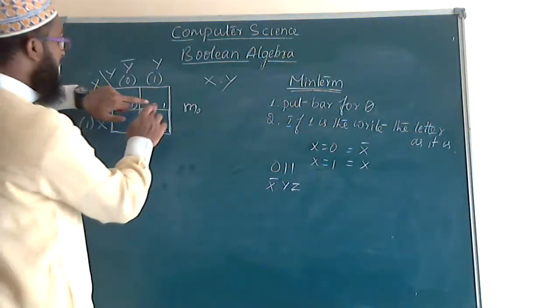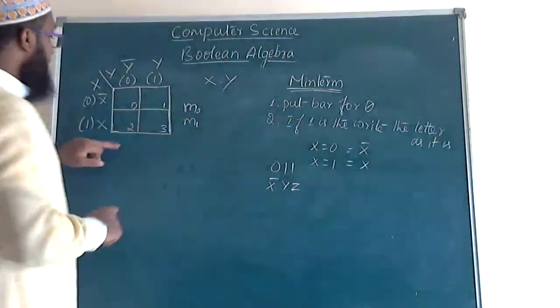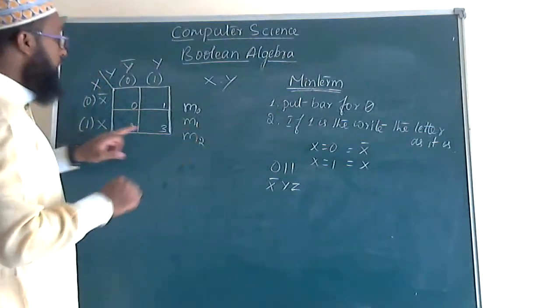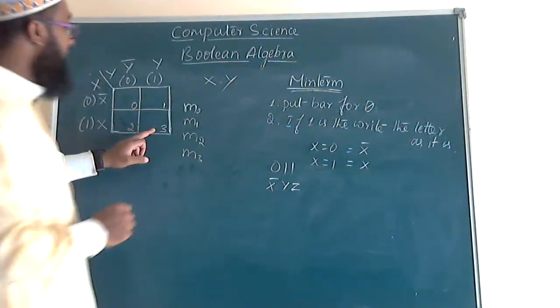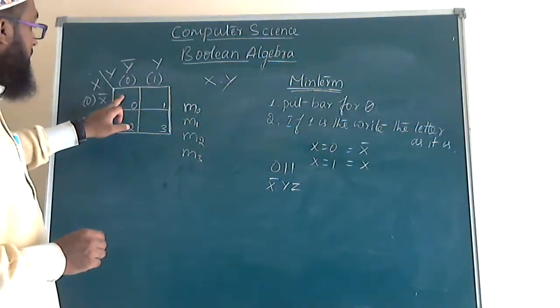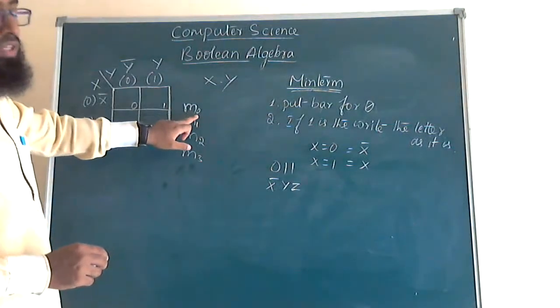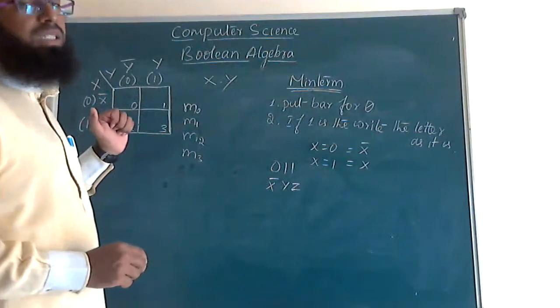Then here 1 is there, so the next square will become m1. Here 2 is there, so the next square will become m2. Here 3 is there, so the last square will become m3. If we use small letter m, then it is called a min term.